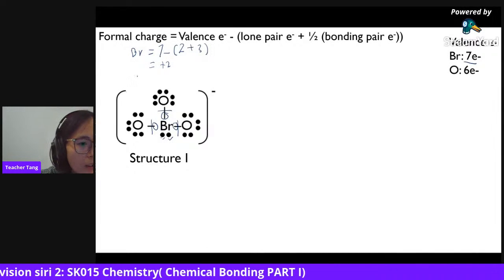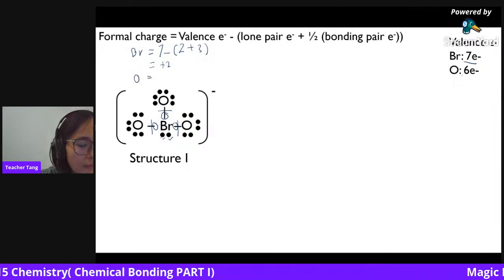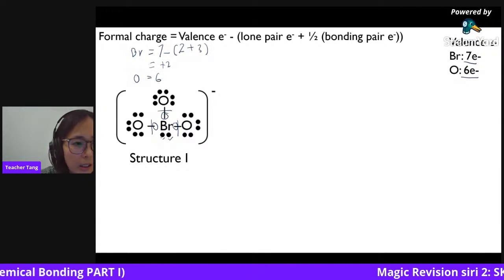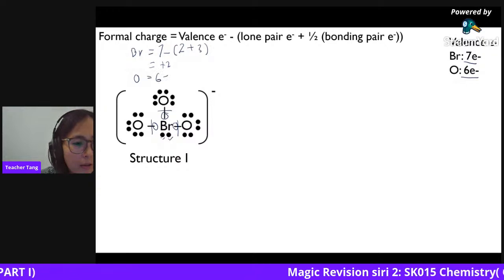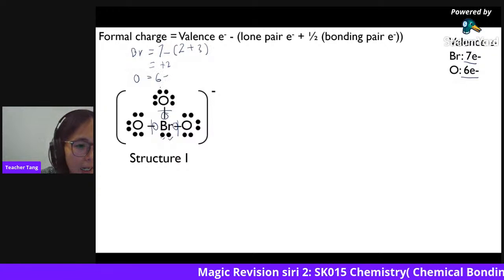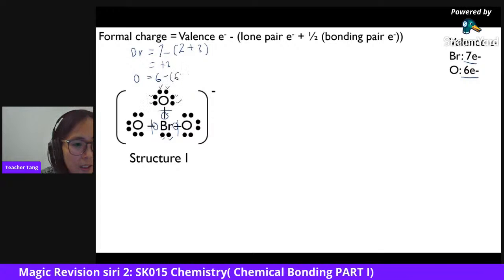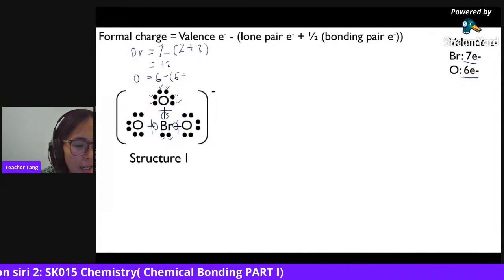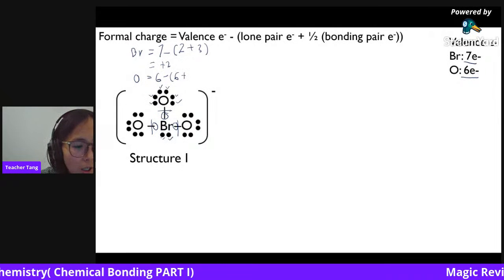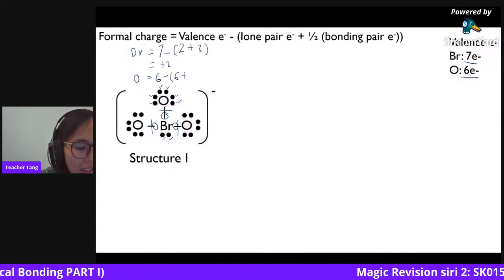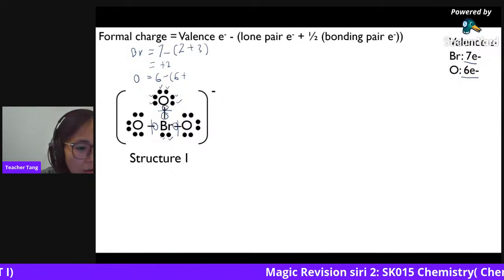While for the oxygen, there are 6 valence electrons. Around the oxygen, there are 1, 2, 3, 4, 5, 6, so there are 6 lone pair electrons. For the bonding pair electrons, we cut in half and only count the electron that belongs to oxygen. That is 1.